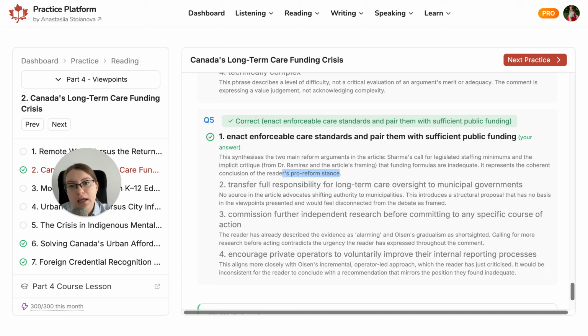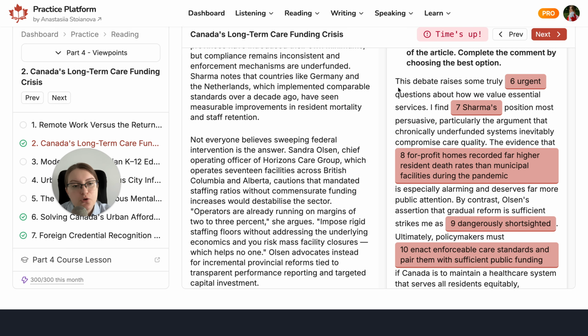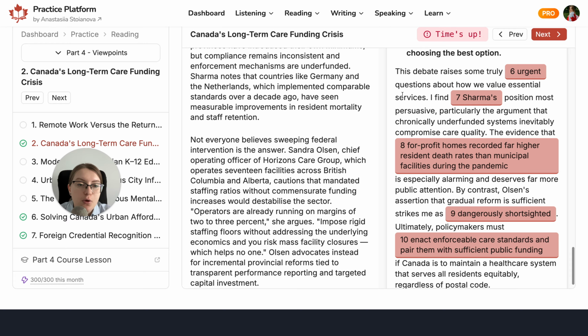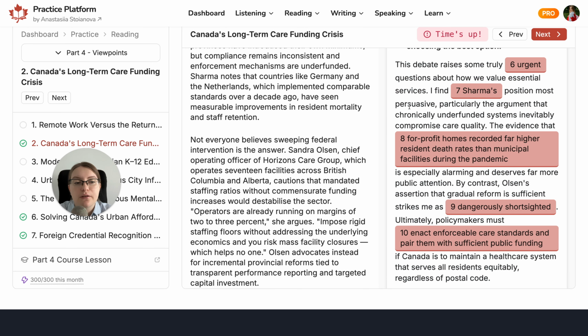So in this case, when we work with the comment, we need to understand. And again, if you have time, you need to reread to see if it all makes sense to you as a whole. Because Sharma's position is persuasive. We chose Sharma's position, the explanation, and then by contrast, Olsen's assertion, like it's not good, it's not enough, yeah, if we just drag it on gradually and so on.